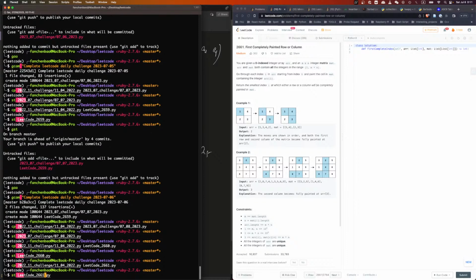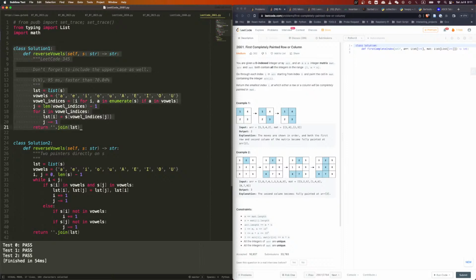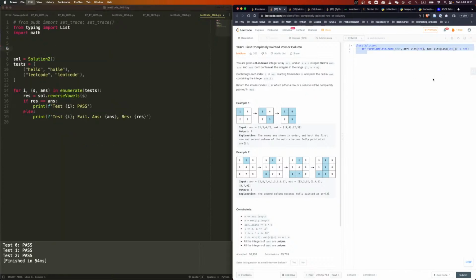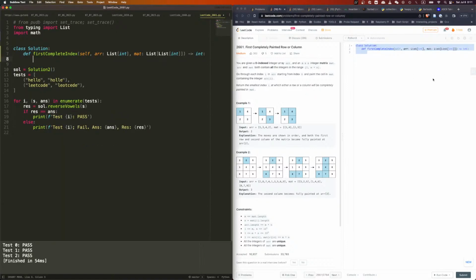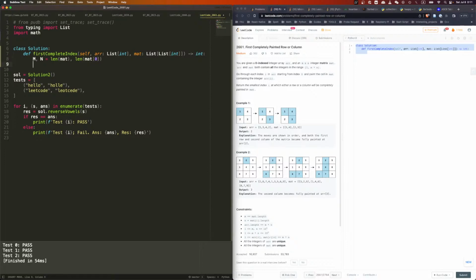Give this a shot. So this is how I would propose. We need to have rows and columns. But first of all, I need m and n. Because I don't know what they are, I'm gonna do mat 0. Okay, so we get m and n, and then I need to know which one is which.